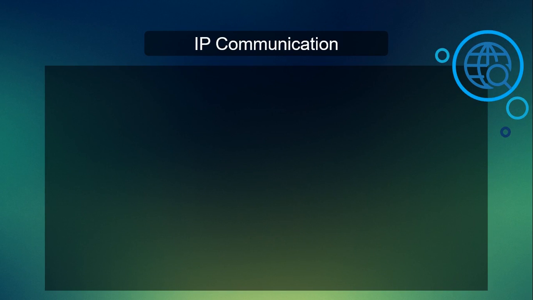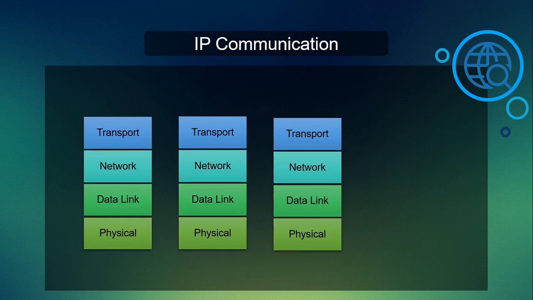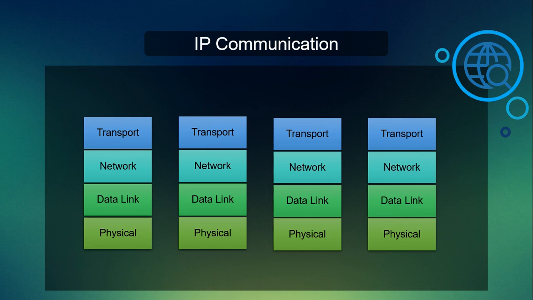Next, I will describe about Internet Protocol communication. Transport layer receives packet from the upper layer. Transport layer puts header to the packet based on the protocol like TCP or UDP. After that, transport layer sends packet to the network layer.